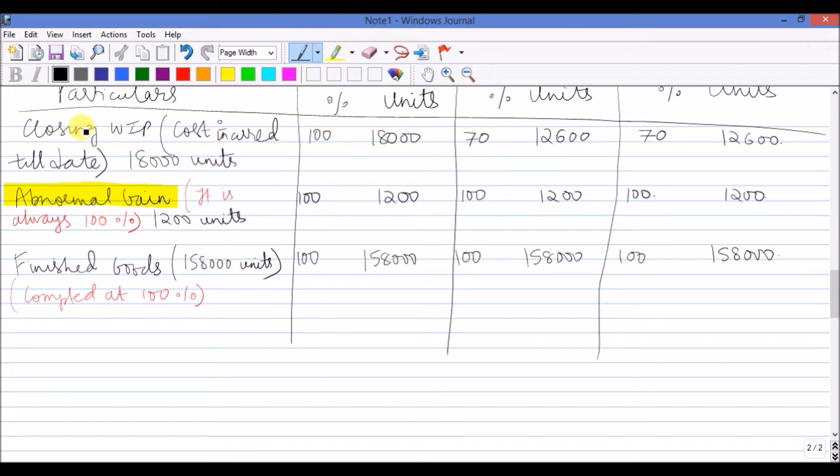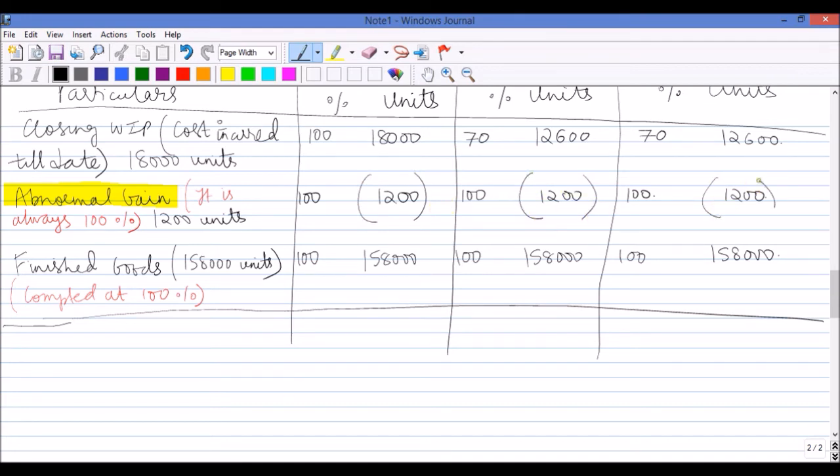So remember, friends, the closing work in progress you have to take the same, the cost incurred till date, and the abnormal gain you have to always take as 100%, and the finished goods you have to take at 100%. Now friends, one more thing you need to remember here is the abnormal gain units you are going to subtract.